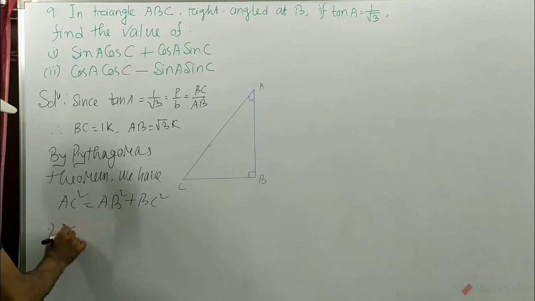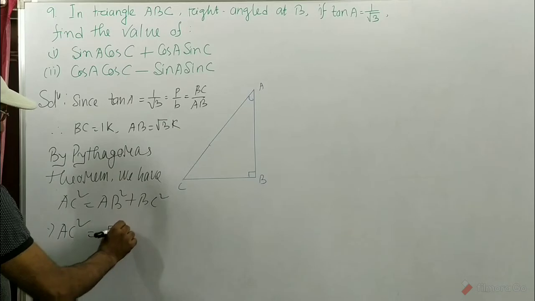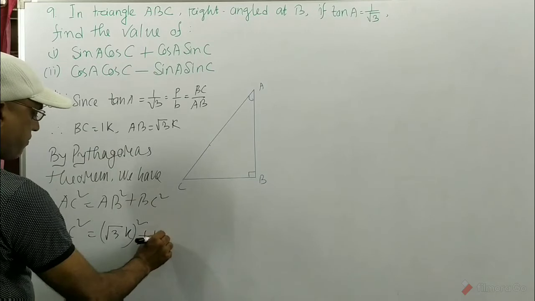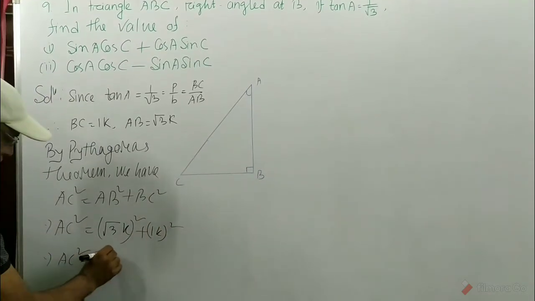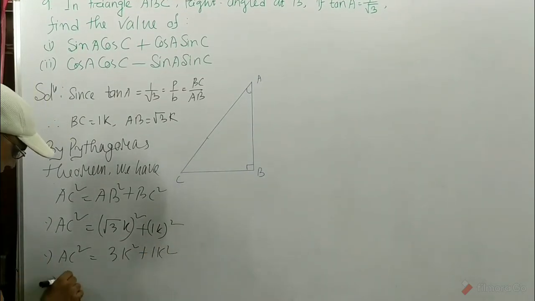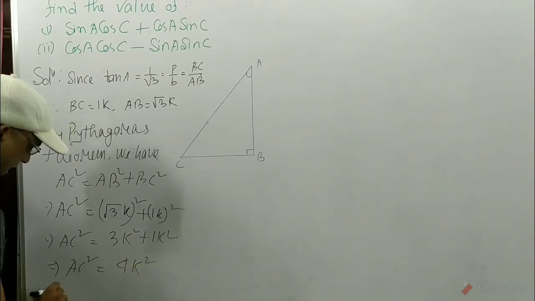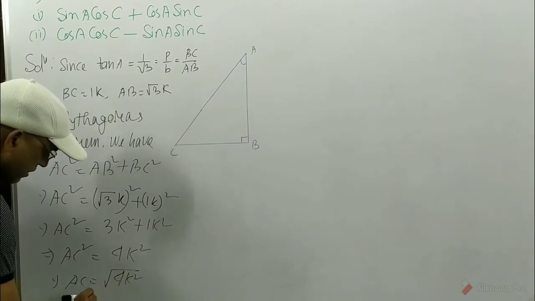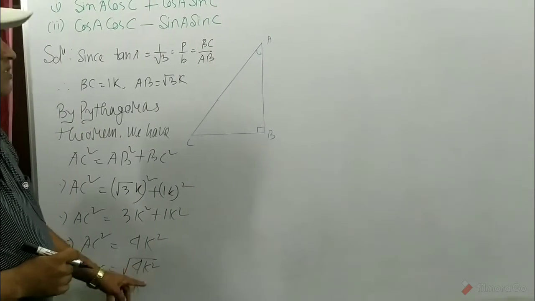AB means root 3K, this whole square, and BC means 1K, this whole square. So AC square equals 3K square plus 1K square, which implies AC square equals 4K square, and AC equals root over 4K square, which is twice K. Root over 4 means 2 and root of K square means K.